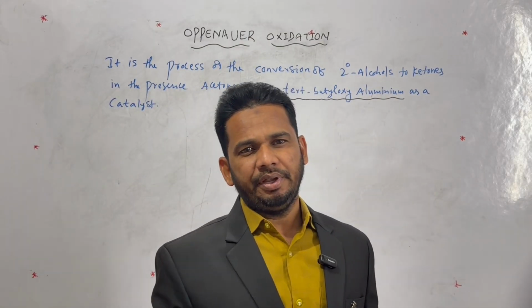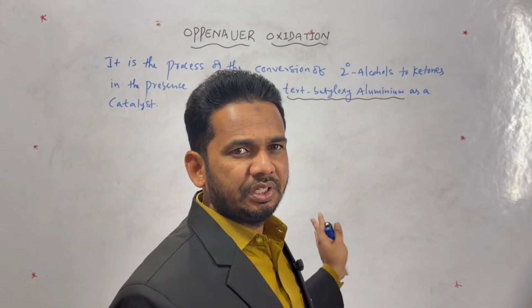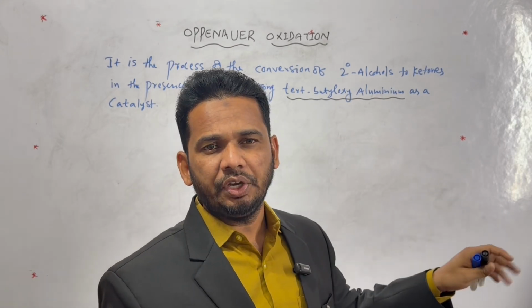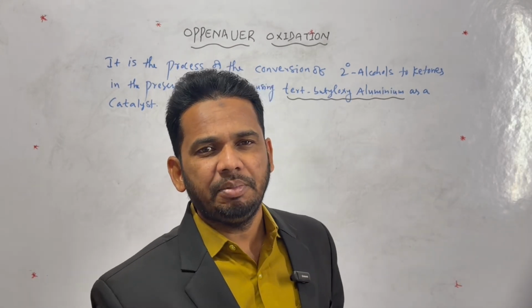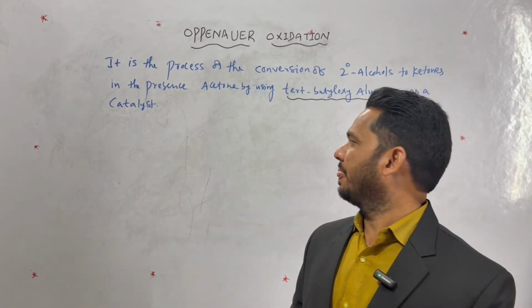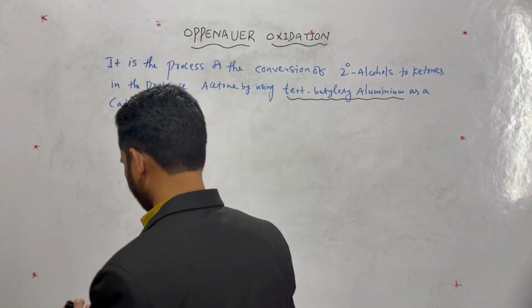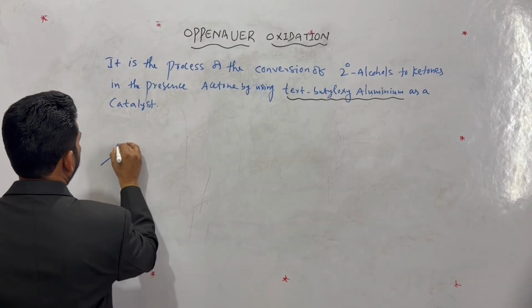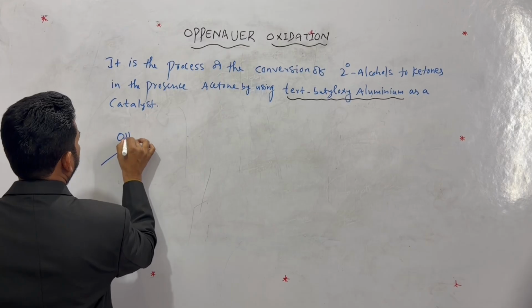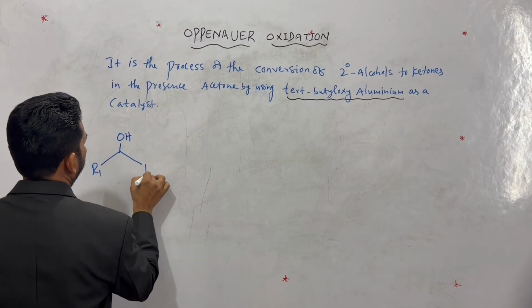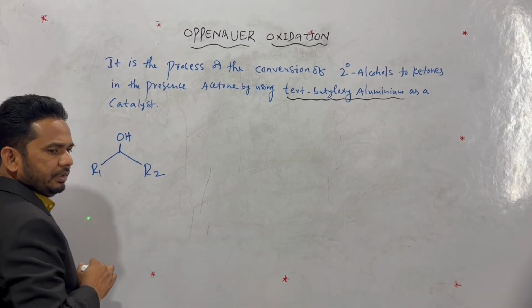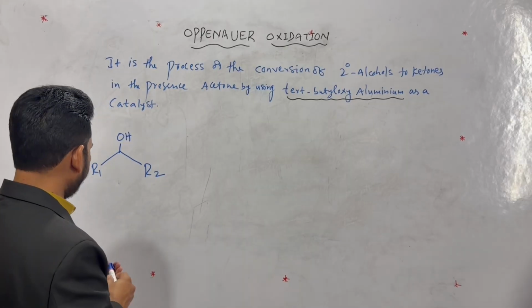It will finish its work, the conversion from the secondary alcohol to ketone, and then it will leave the reaction. Just see the reaction, and you will come to know. This is the secondary alcohol.